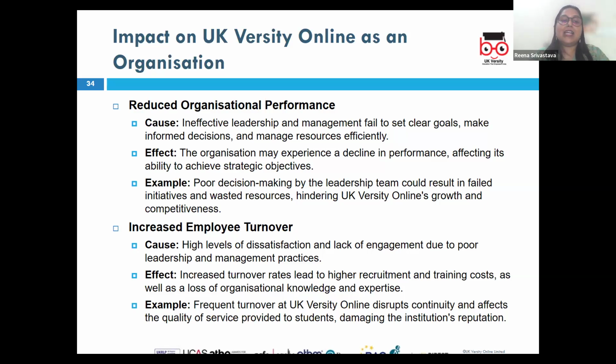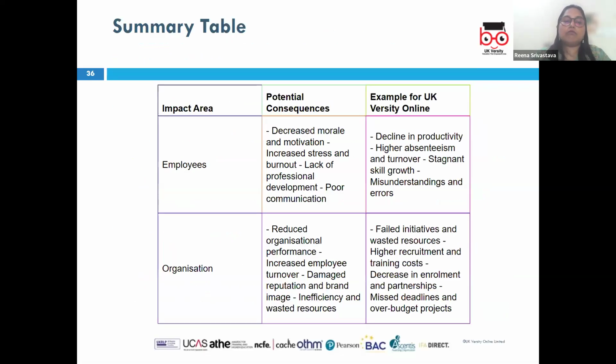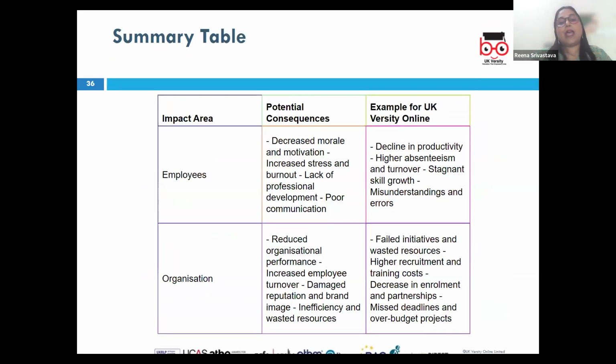So we have seen that ineffective leadership and management can have a negative impact on both employees and the organization. When leaders fail to communicate clearly or address conflicts constructively, it leads to disengaged employees and diminished morale. Poor leadership can also foster a toxic work environment, increased absenteeism, stunted innovation, and overall a weak organizational culture.